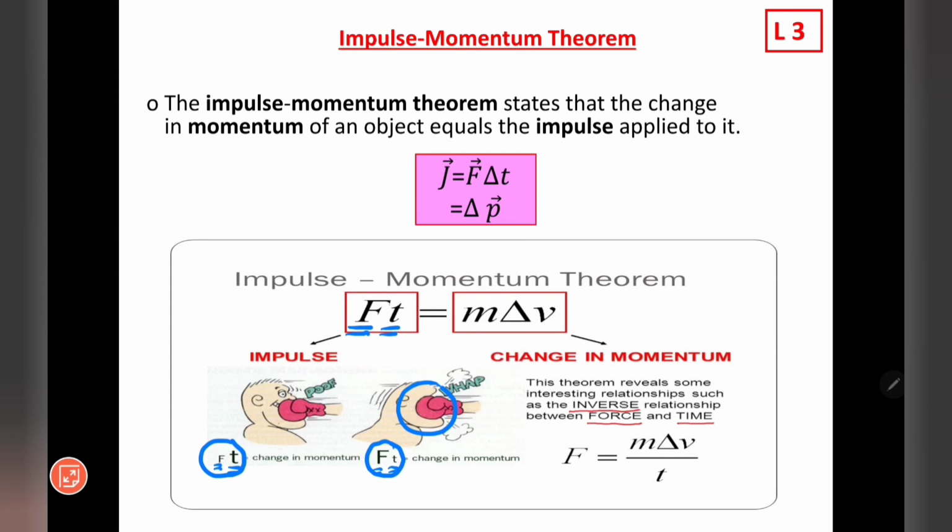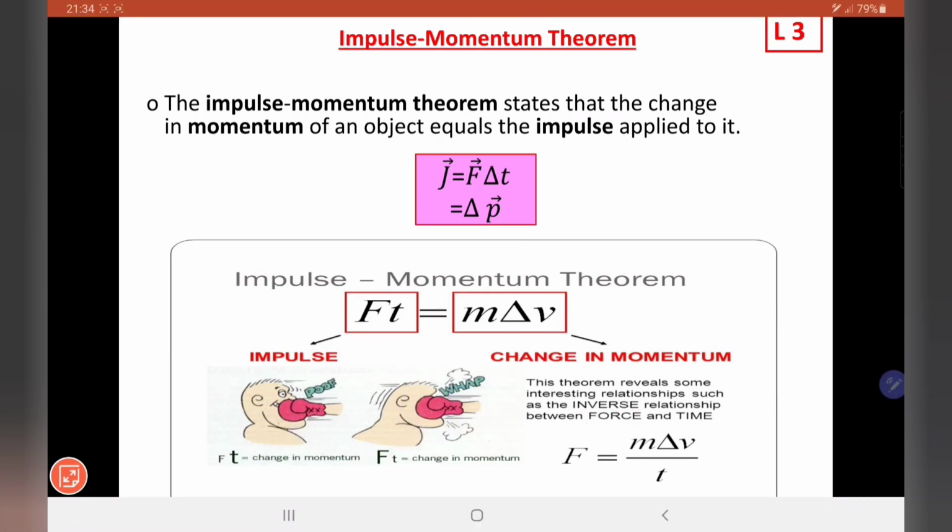So F and T are inverse to each other. Smaller force, longer time. Greater force, shorter time. So at a shorter time, the impact should be stronger. And for a longer time, the force is smaller, then the impact is not so strong. This idea can be explained by the impulse momentum theorem.